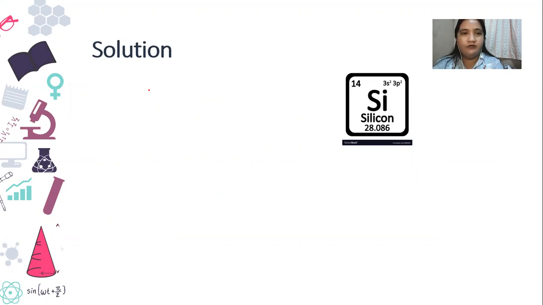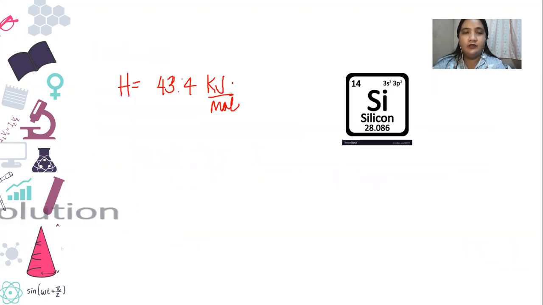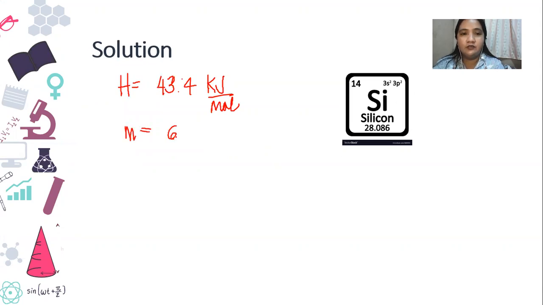What we're given in the problem: the heat or the energy for silicon is 43.4 kilojoules per mole, right? That's given in the problem. What else? The mass is 6.32 grams.